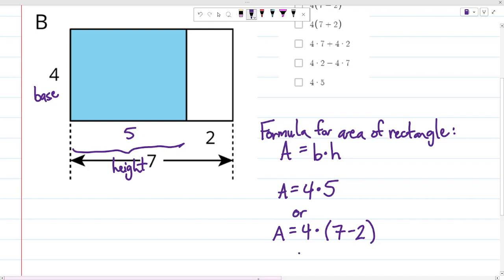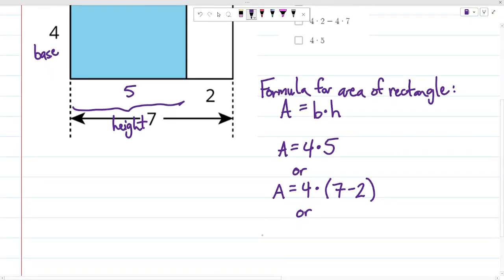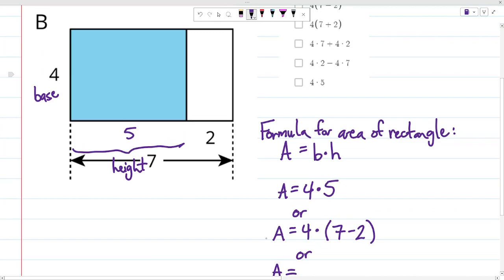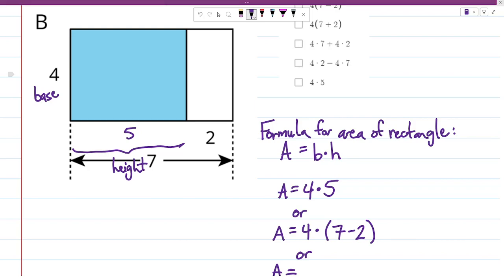And finally, for our last way, let's think about finding the area of the whole rectangle and then subtracting the area of the white rectangle. So the blue rectangle, that area is 4 times 5. What's the area of the white rectangle? 4 times 2 square units.